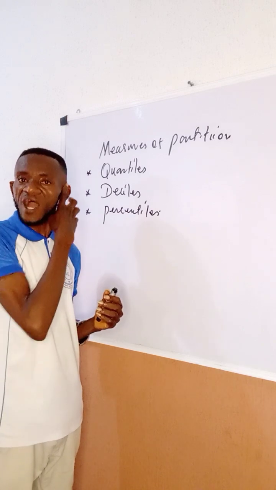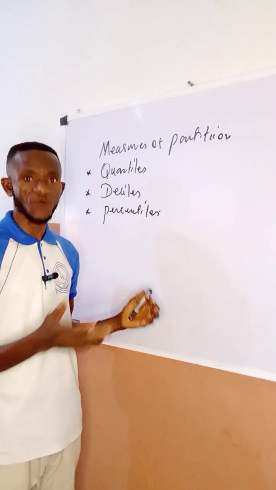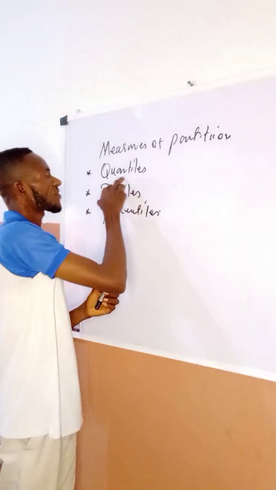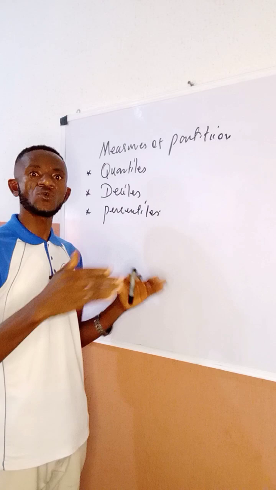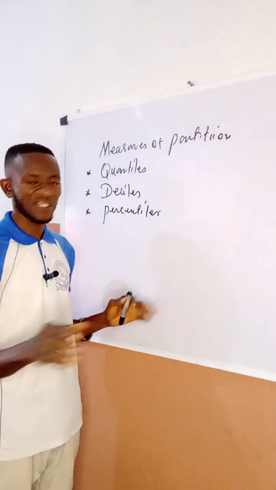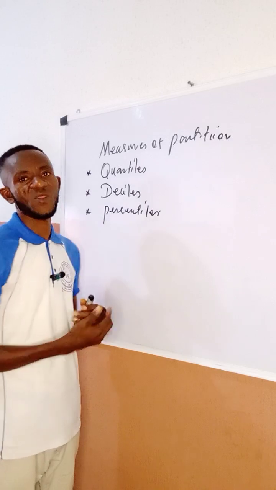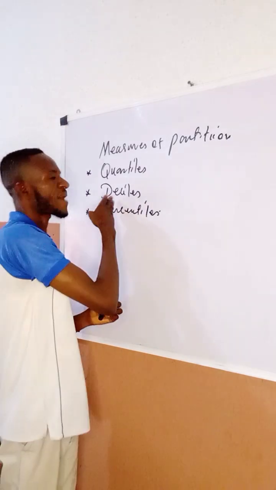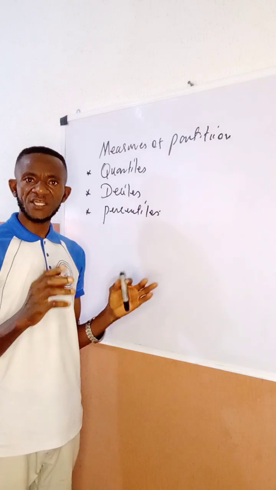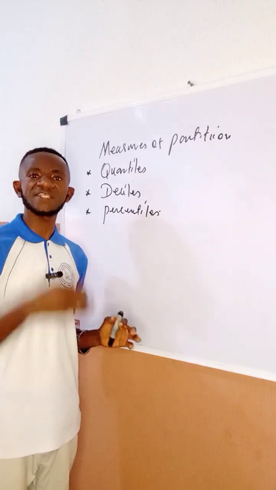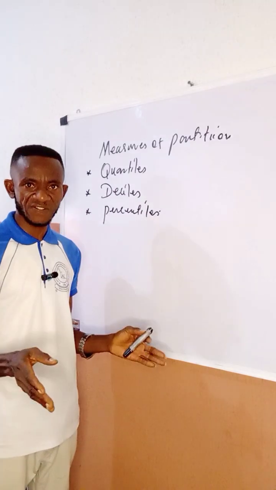Of course, when someone uses the word quar, the person is talking about four. So this is a measure that divides a data set into 4 equal parts. That's what we mean by quartile. Then when we talk about decile, we are talking about 10, a measure that divides a data set into 10 equal parts.